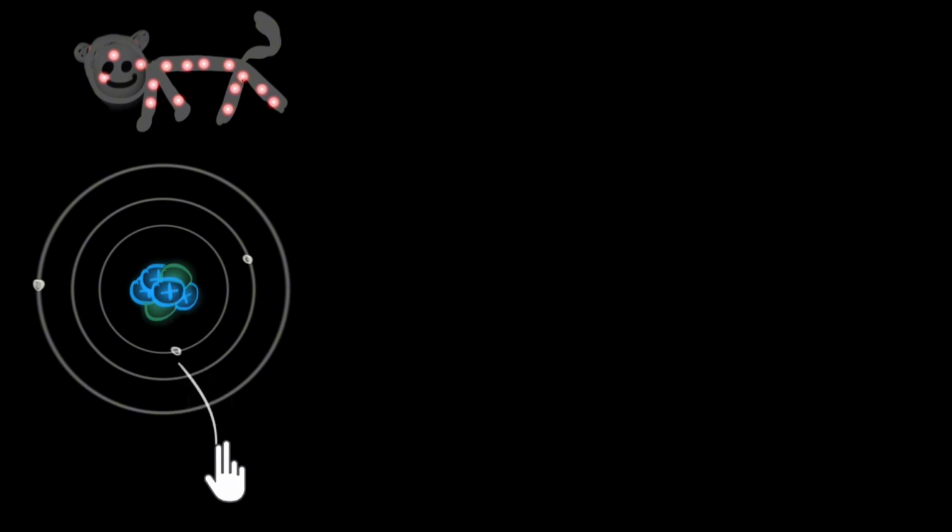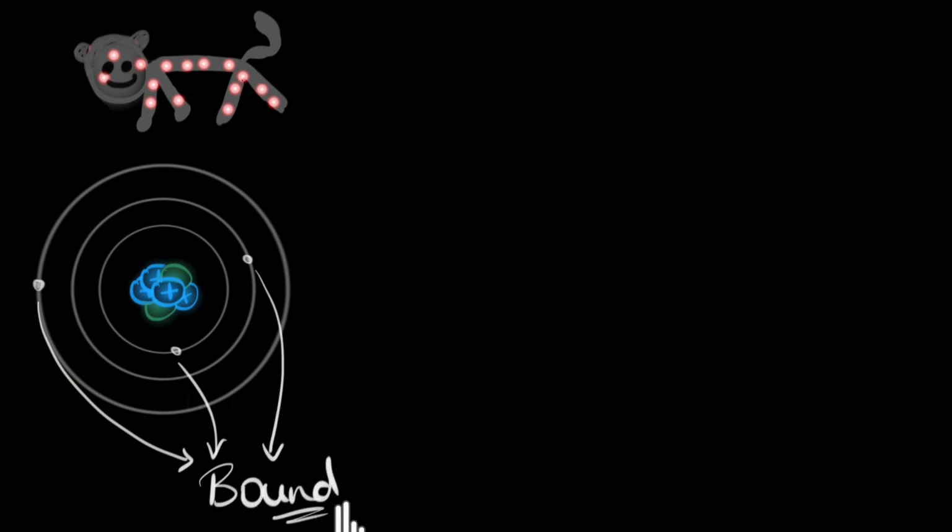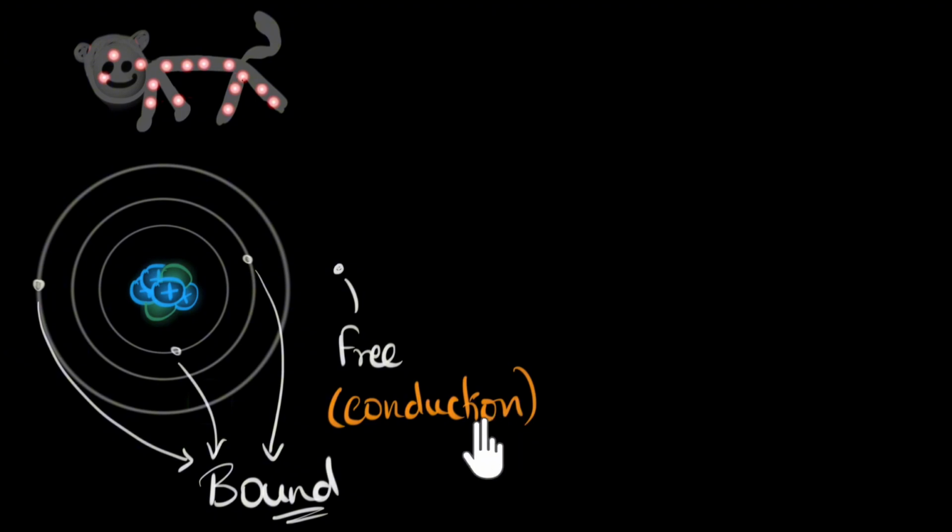But the important thing is there are some electrons like these, which are tightly bound to the nucleus. We call them bound electrons, and these are not responsible for conduction. Whereas there are other electrons which are not strongly attracted by the nucleus, and they are free, as in they're free to move from one atom to another. And it's these electrons, which we call conduction electrons or free electrons, which are really responsible for conduction.